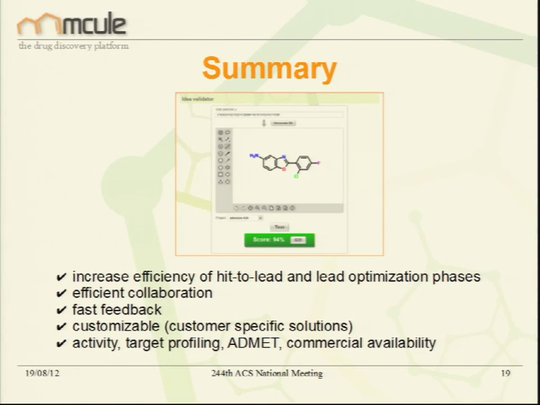It gives very fast feedback, and it can also be customized based on business rules. And so currently, the major applications are to predict activity, do target profiling, calculate ADME parameters, and check whether the compound is available for purchase.